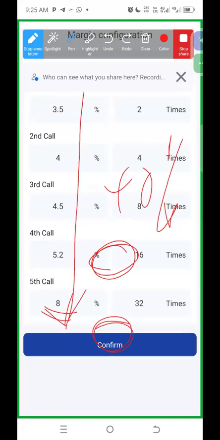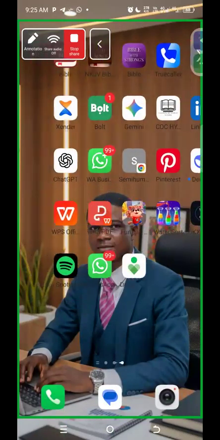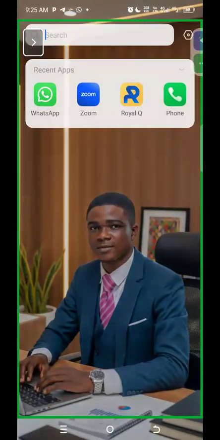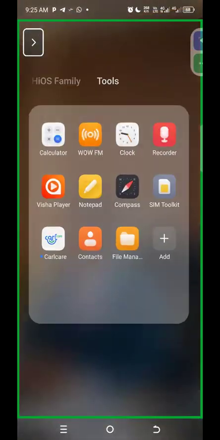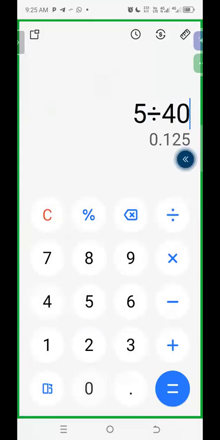So all I have to do first is take the total margin call limit, which is 5, and the total call drop, which is 40. Let me see, 40 divided by 5.